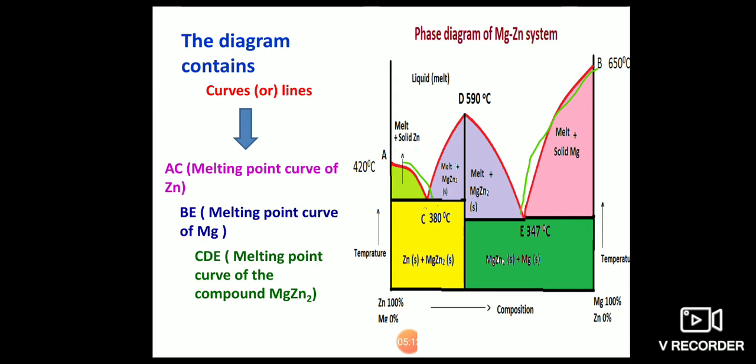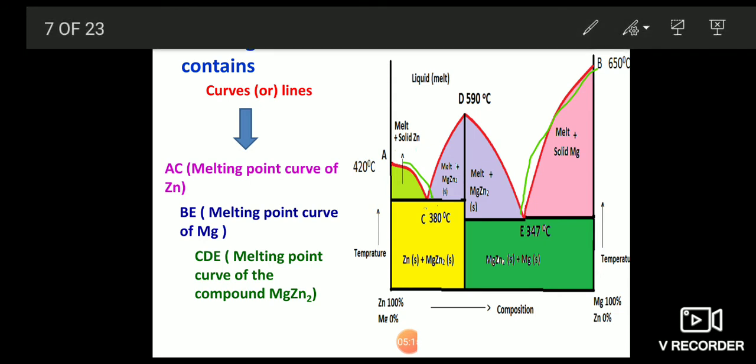Next, CDE, the whole is taken as a single curve. Here CDE, that peak. So this is taken as a single curve, which is considered as melting point curve of the compound MgZn2.